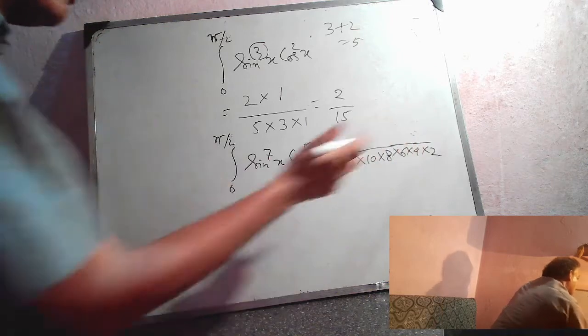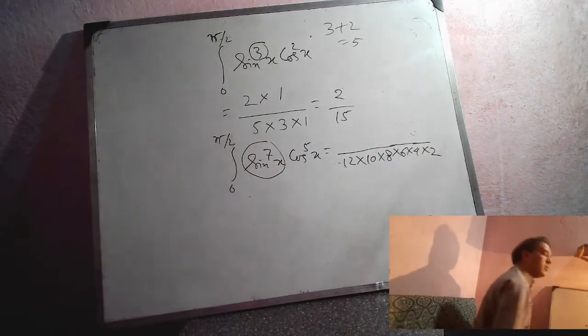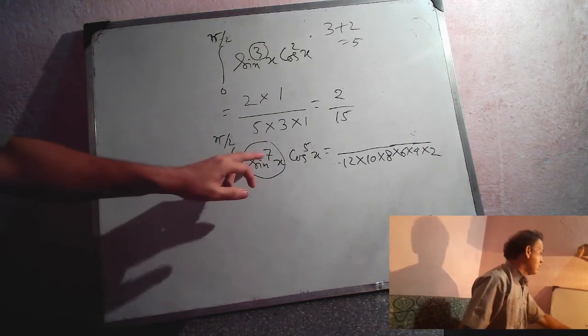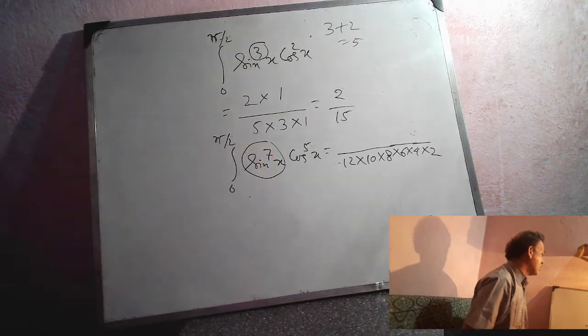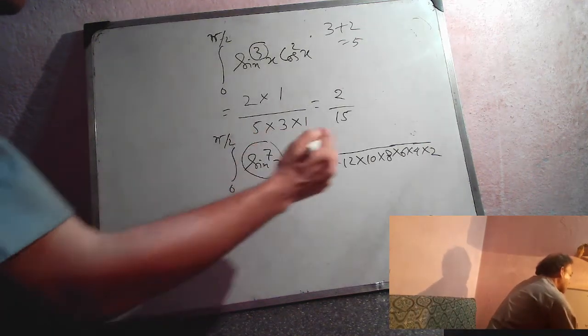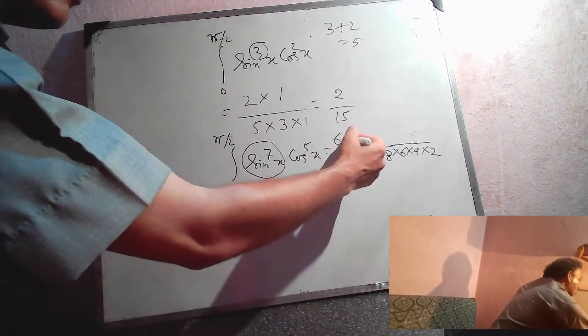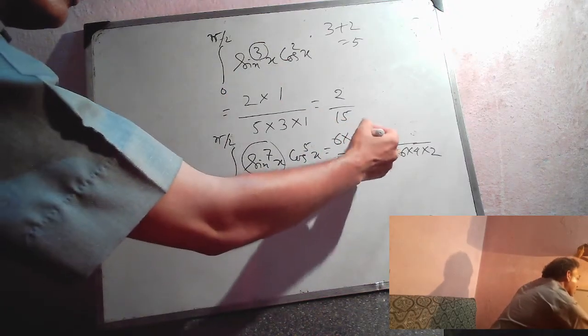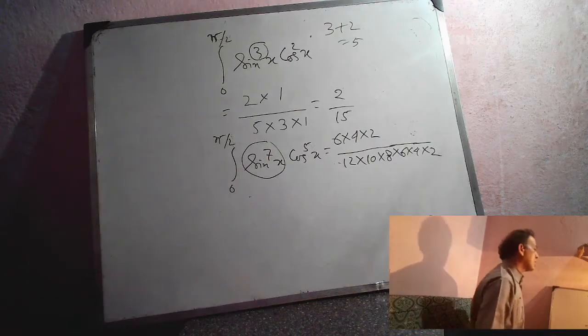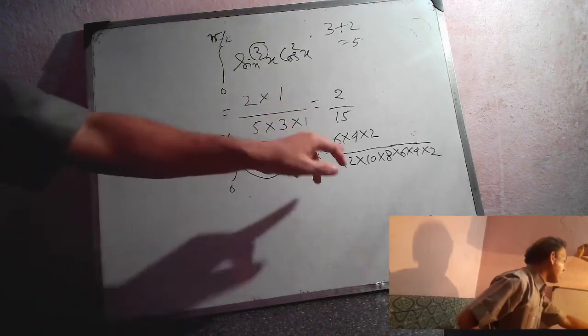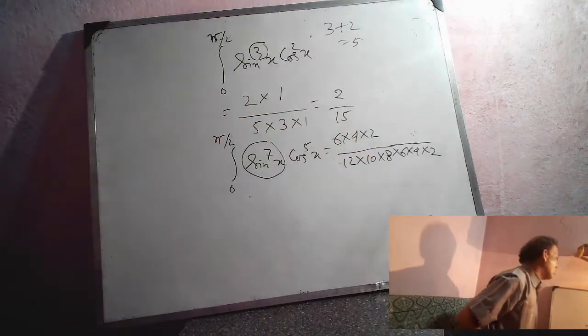Stop here. Now for the sine part, what should I do? Decrease 1 unit. 7 minus 1, 6. Write here 6. Go on decreasing by 2 units: 4, then 2. Stop here. We can't decrease further, because if we decrease further we will get 0.